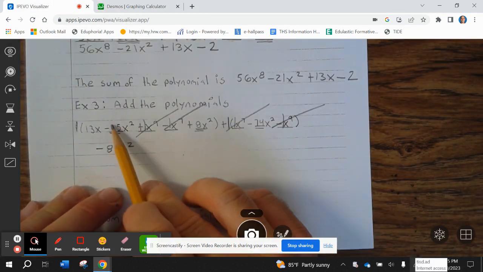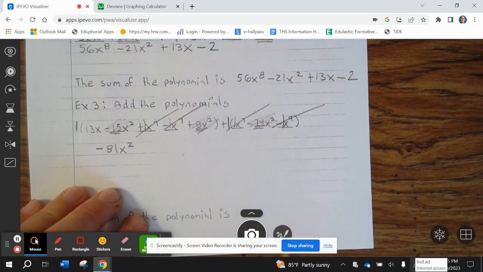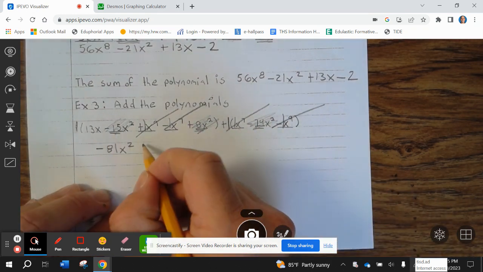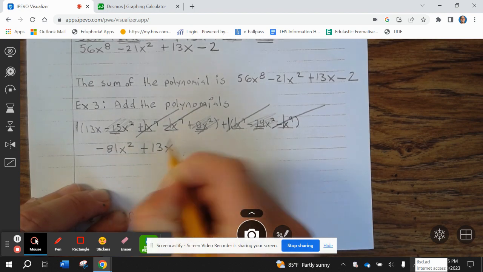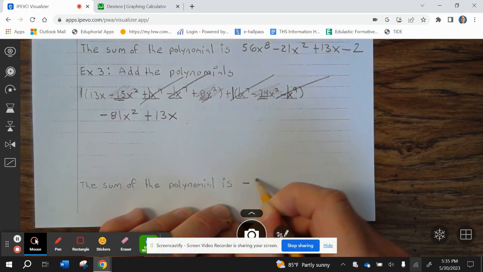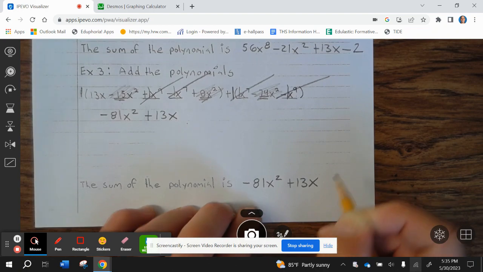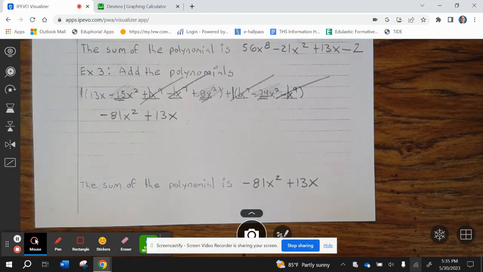I'm done with this, this, and this. The only thing left is plus 13x. So the sum of the polynomials is negative 81x squared plus 13x. All right, go ahead and finish up example 3.